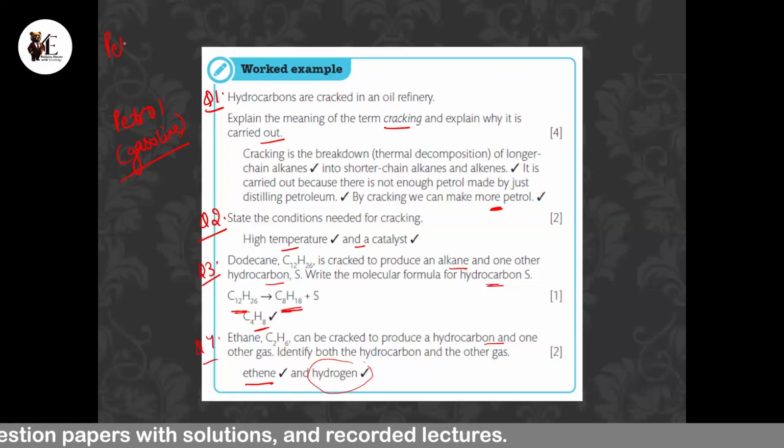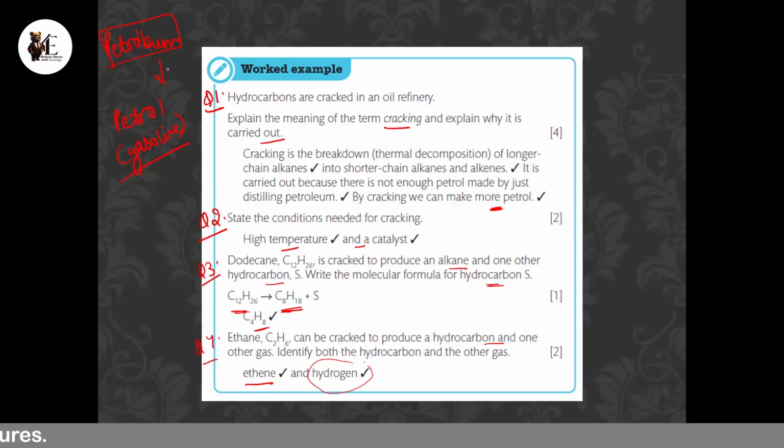So you have a category of petroleum, of which we have studied the fractional distillation. When we do the fractional distillation of petroleum, one of the fractions is petrol, which is also known as gasoline. So petroleum is a raw unprocessed mixture of hydrocarbons which are found underground, and petrol is a refined product.